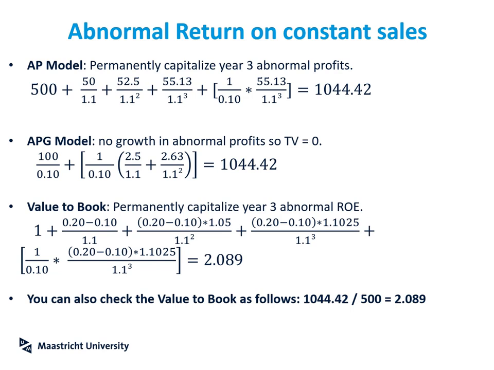Now in this situation, the abnormal profit growth model now has a terminal value equal to 0. Because there is no abnormal profit growth. The abnormal profit at the end of the forecast horizon was 55.13, but the abnormal profit for all of the years after is also 55.13.